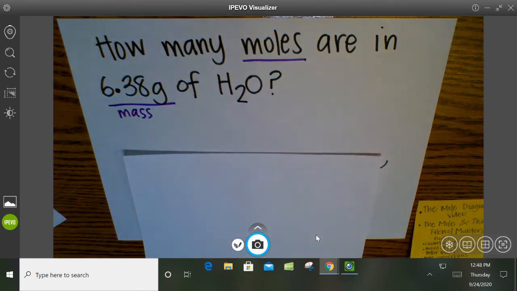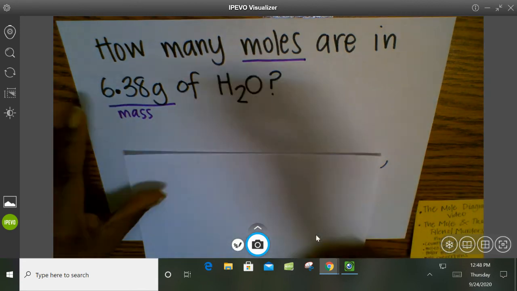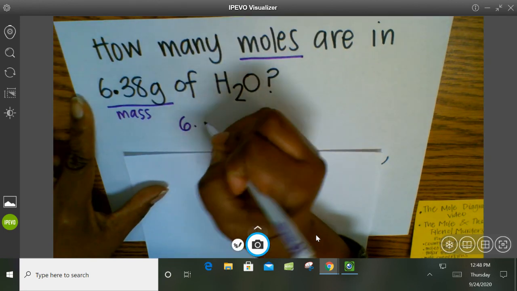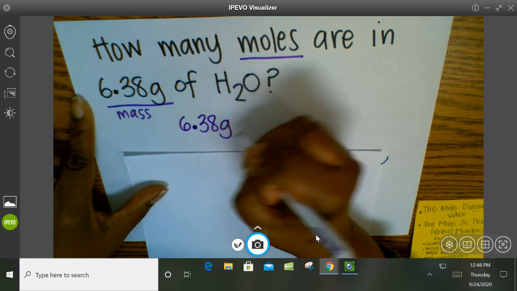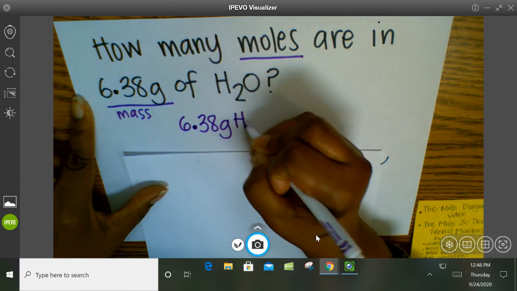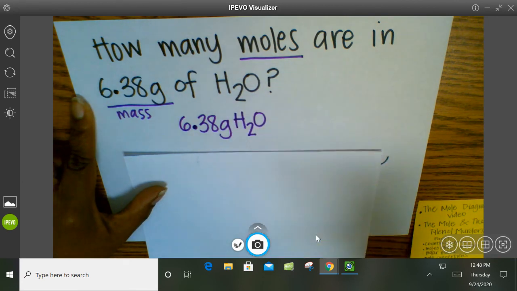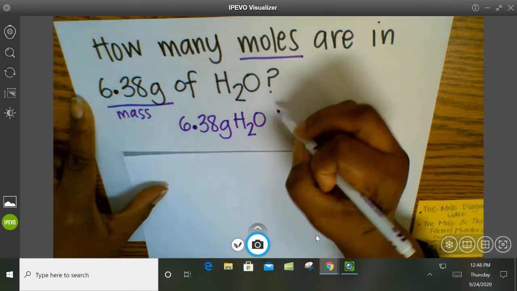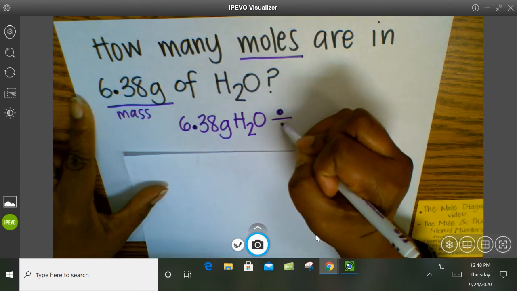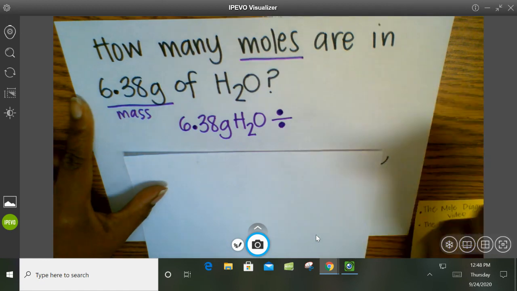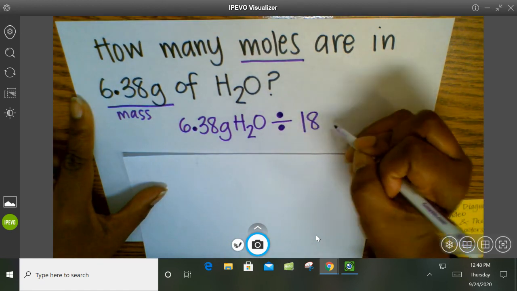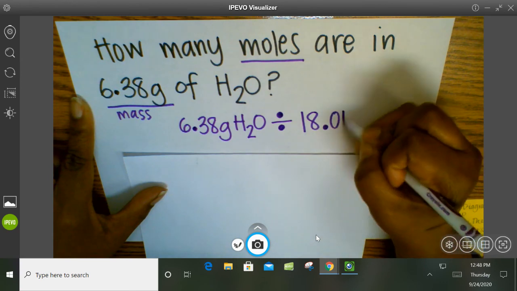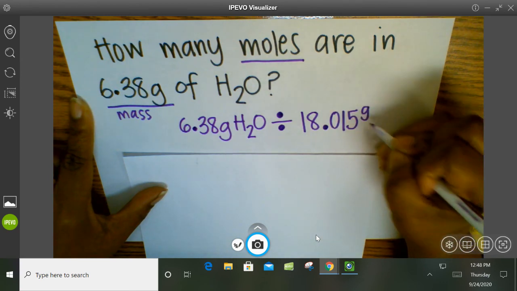You will always start with your given amount, so it'll be 6.38 grams. You can put the H2O. I like putting that just so I know what I'm dealing with. And we're going to divide that by the molar mass of water, which is 18.015 grams per mole.